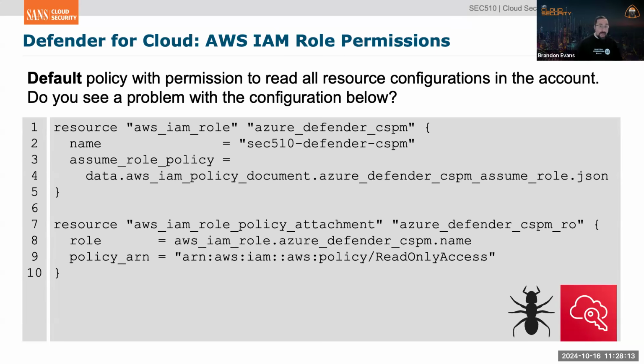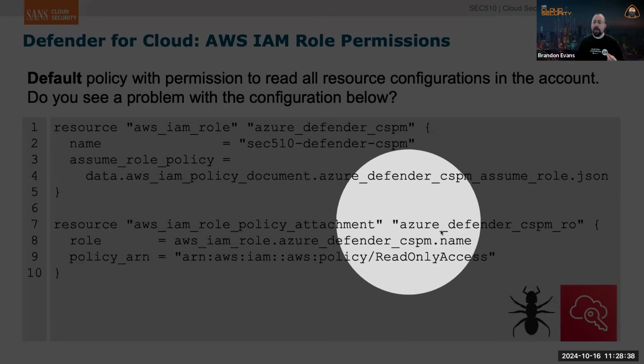But they can get hacked, they can be compromised, and we want to make sure that when Microsoft Defender for Cloud is compromised, if that ever happens, people cannot use the permissions that we've granted them to do more nefarious things than we would otherwise need to grant. So we want to minimize the amount of permissions that Microsoft Defender for Cloud has to access our AWS account.